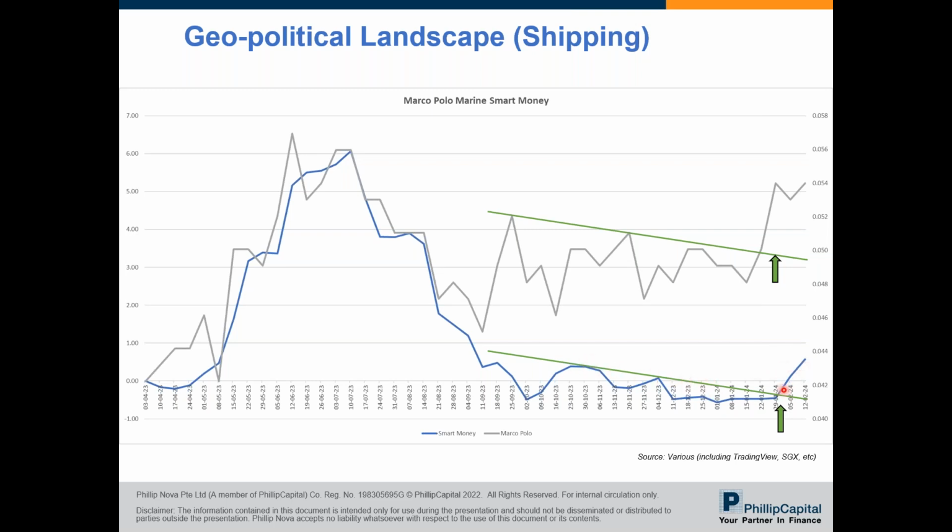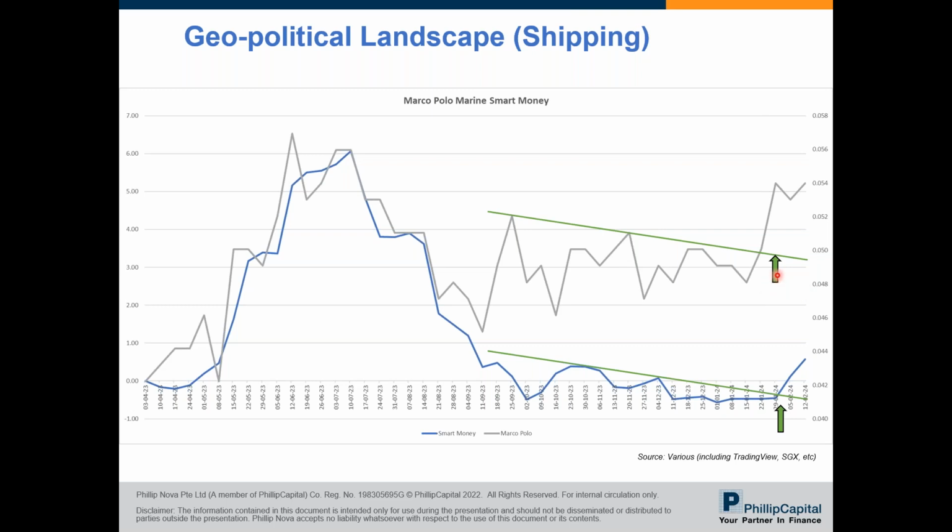As I mentioned, how we use smart money is by trend lines. The green line is a trend line drawn on the resistance points of the smart money, the blue chart. And if you draw it similarly on the price high points of Marco Polo, you will also find a similar trend line, and both are pretty parallel to each other, which is nothing of any significance.